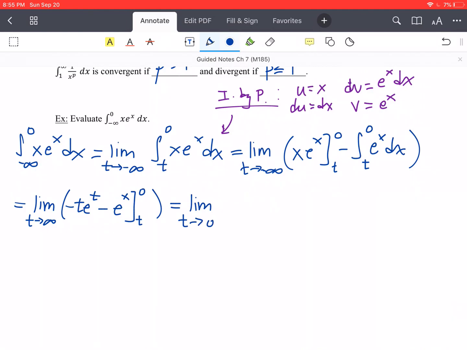Okay, so we get negative t e to the t, and then minus e to the 0, which is 1, and then minus, but we would distribute that negative, so it actually becomes plus e to the t.